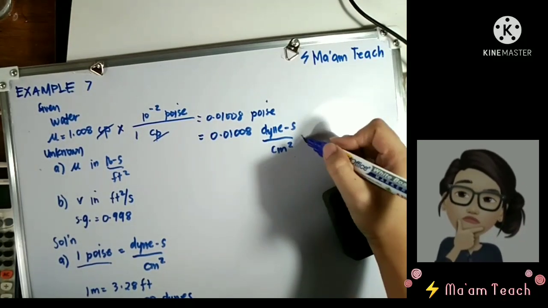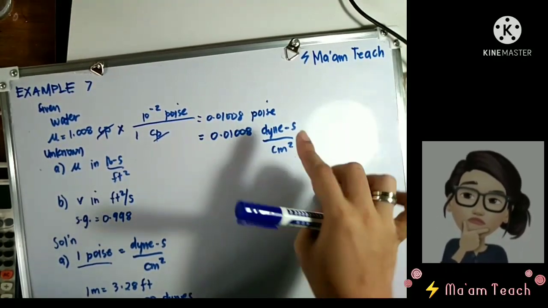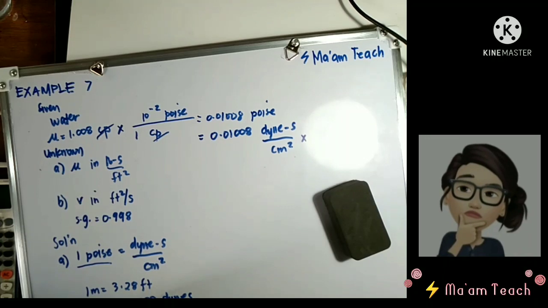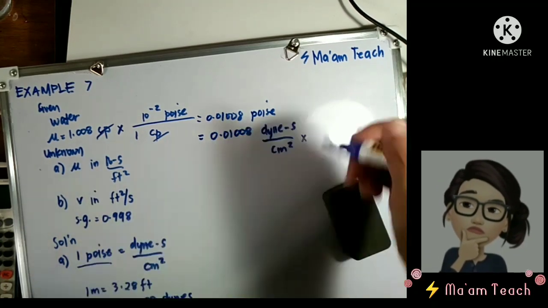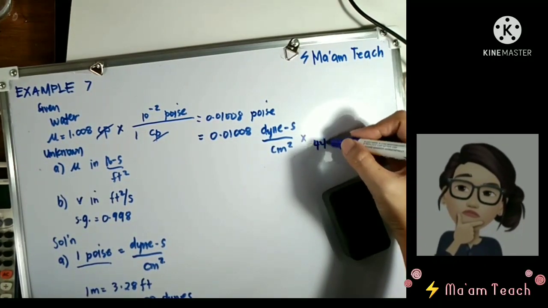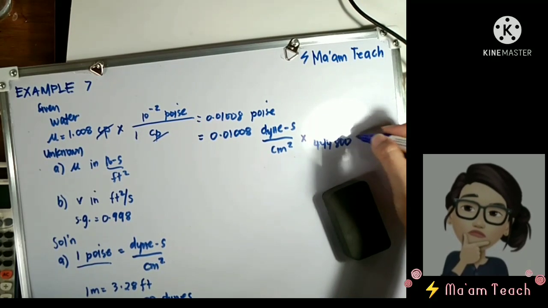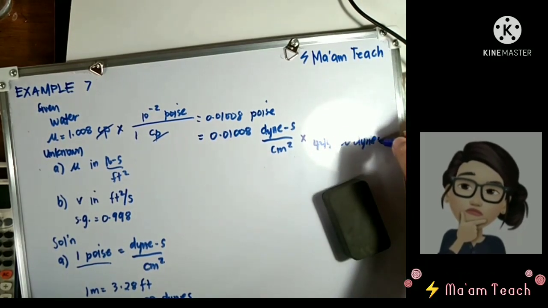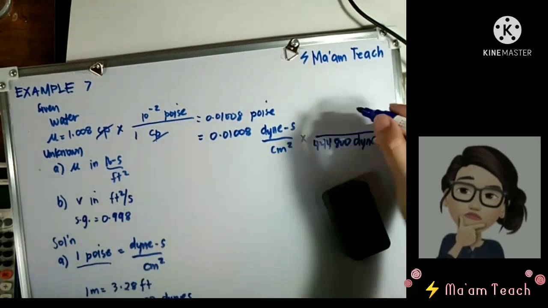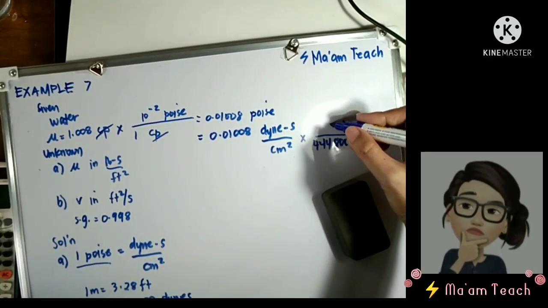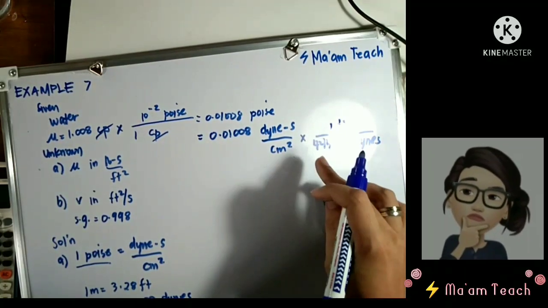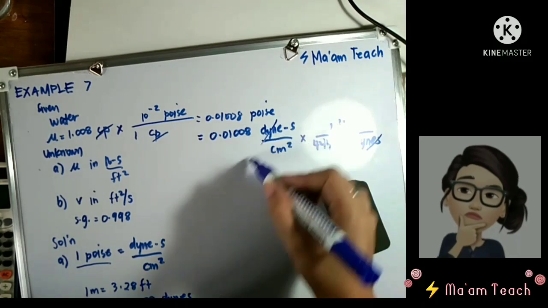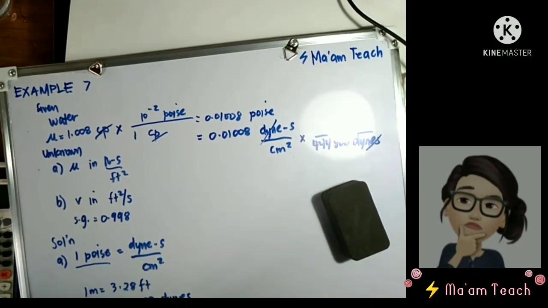Let us first convert dyne into pound. Using this conversion, we put the dyne here, 444,800 dynes in 1 pound, so that we could cancel out the dyne.